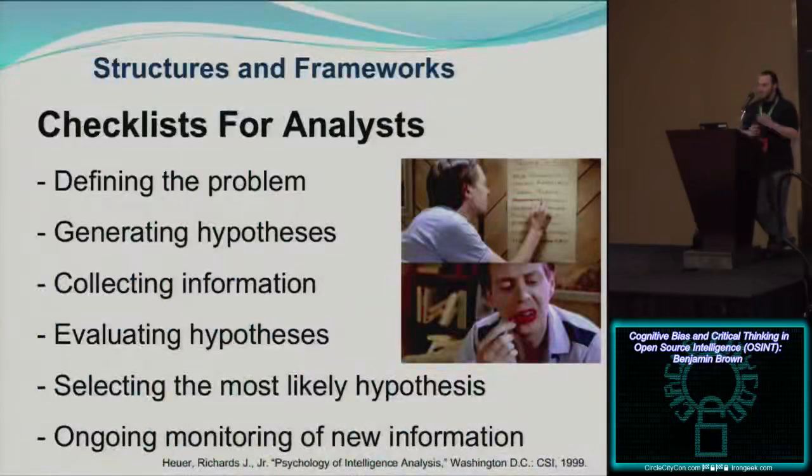The first framework is from Richard Heuer. He was a psychologist for the CIA, and he wanted to change the way that the CIA did intelligence analysis to help them more accurately provide actionable intelligence.